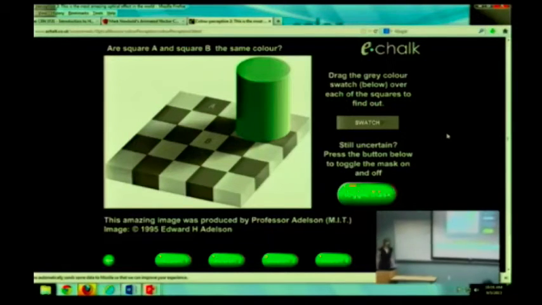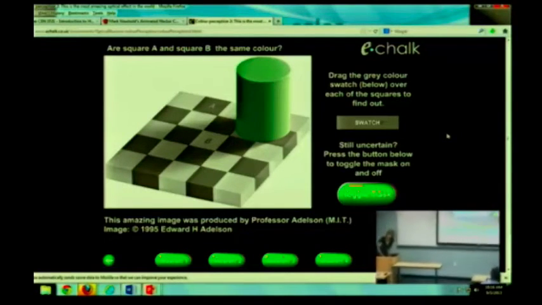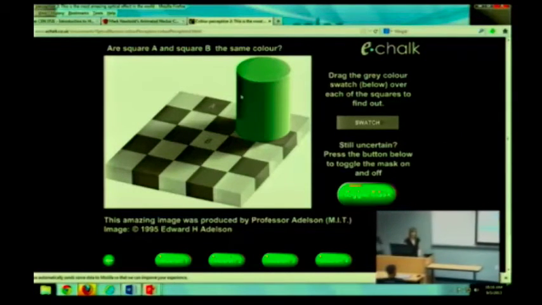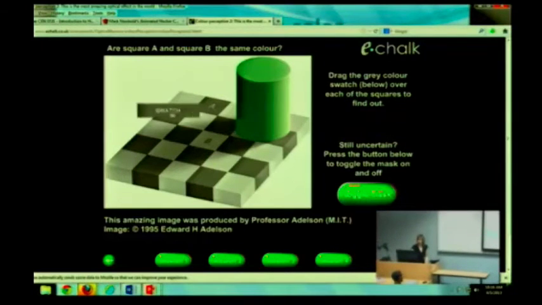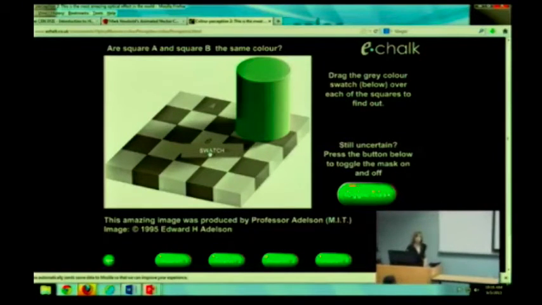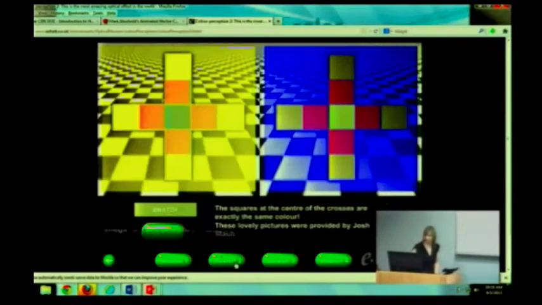Same. Okay, what does it look like? It looks different. I know you guys are jumping ahead of me. So here's our color swatch. Looks like A. And almost looks like B. Let me show you the other ones, which are even more obvious.